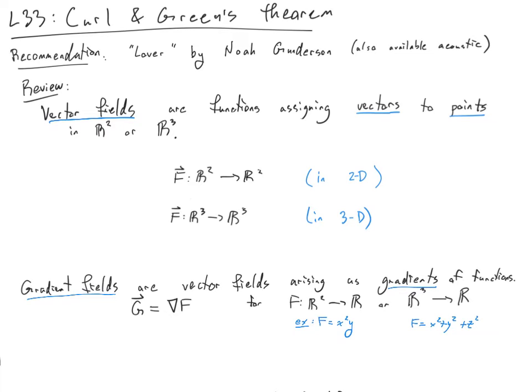In the first case, the gradient of f would map from R2 to R2 because there are 2 inputs, so I can take 2 partial derivatives. And in the second case, the gradient would be a 3-dimensional vector field. So we get examples in both dimensions of vector fields.